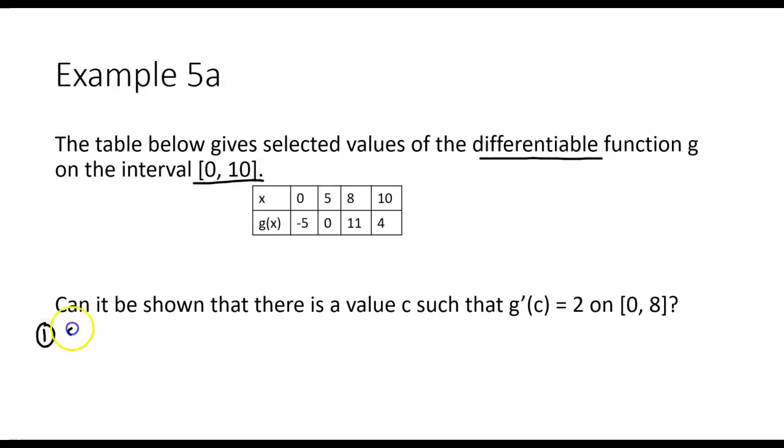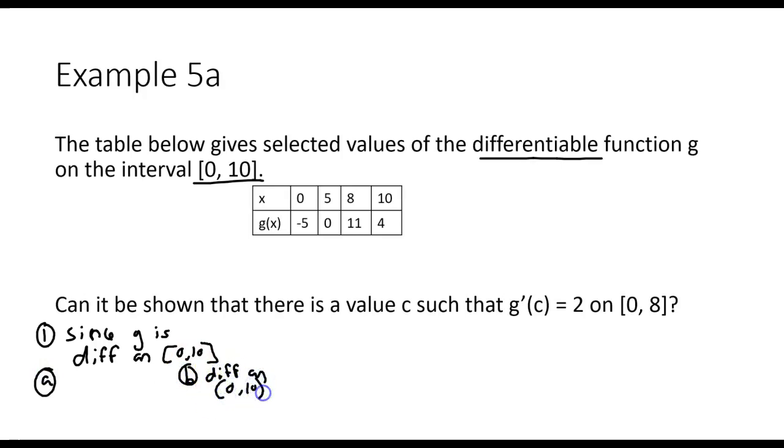So since g is differentiable on the interval 0 to 10, we know two things, okay? We know, first of all, that it would have to be differentiable on the open interval. Why?